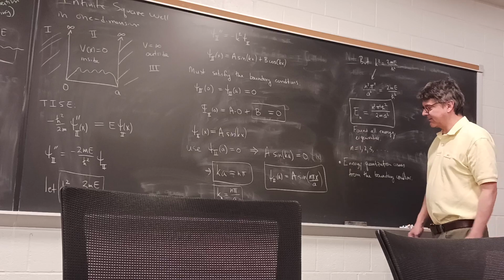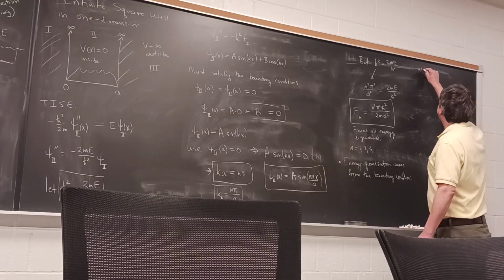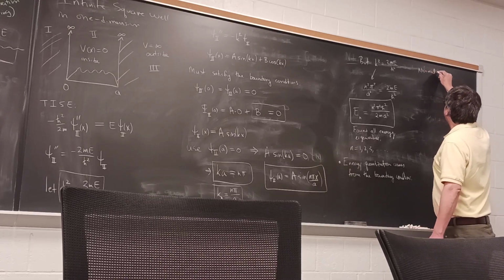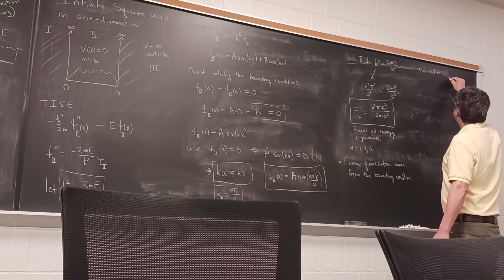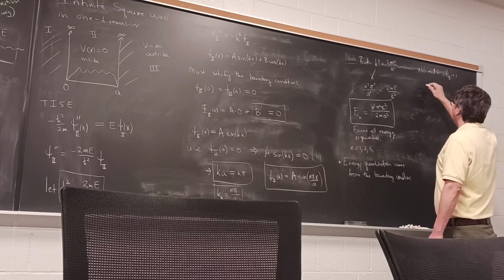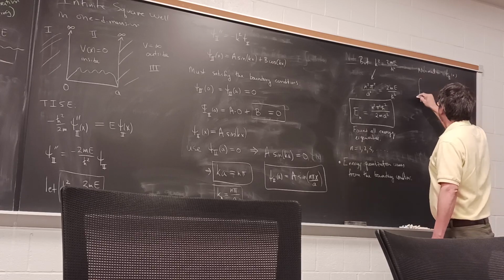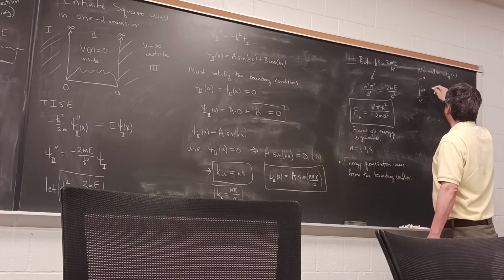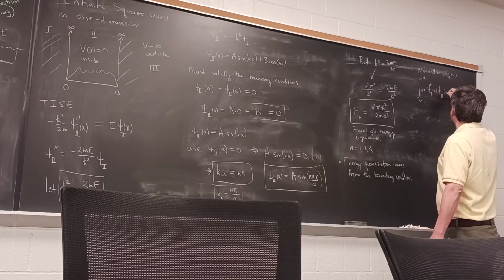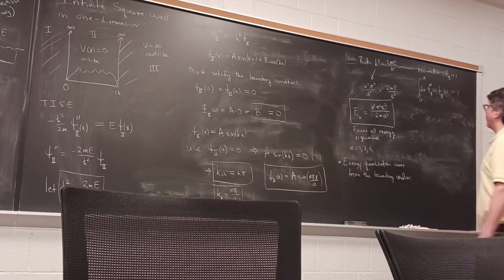Now let's normalize this thing. We have to have the integral over dx, now we're only integrating from 0 up to a, of psi star psi, and we want this thing to be 1.